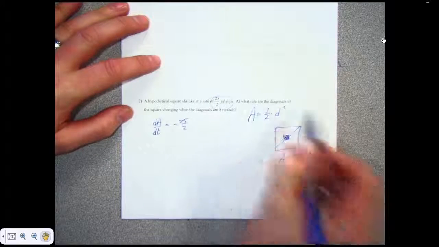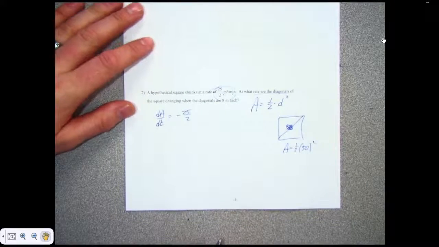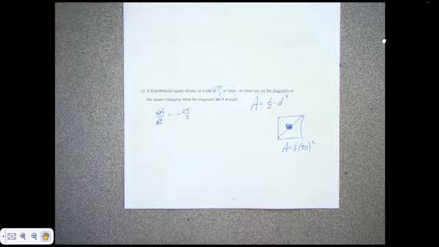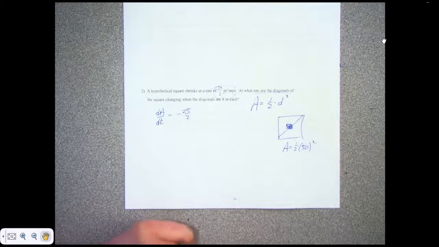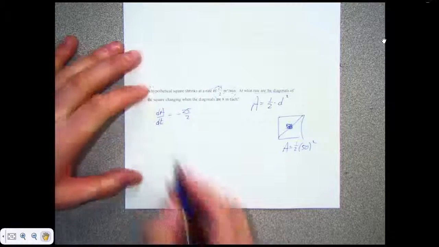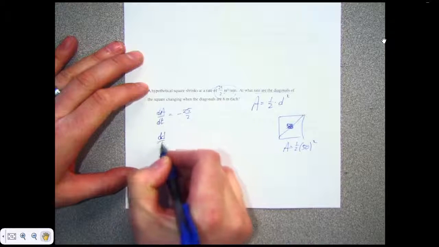At what rate are the diagonals changing? So is that d or dd dt? dd dt sounds weird, but that'd be the rate of change of the diagonals of the square. Is that d or is that dd dt? dd dt, because it's the change in the diagonals.